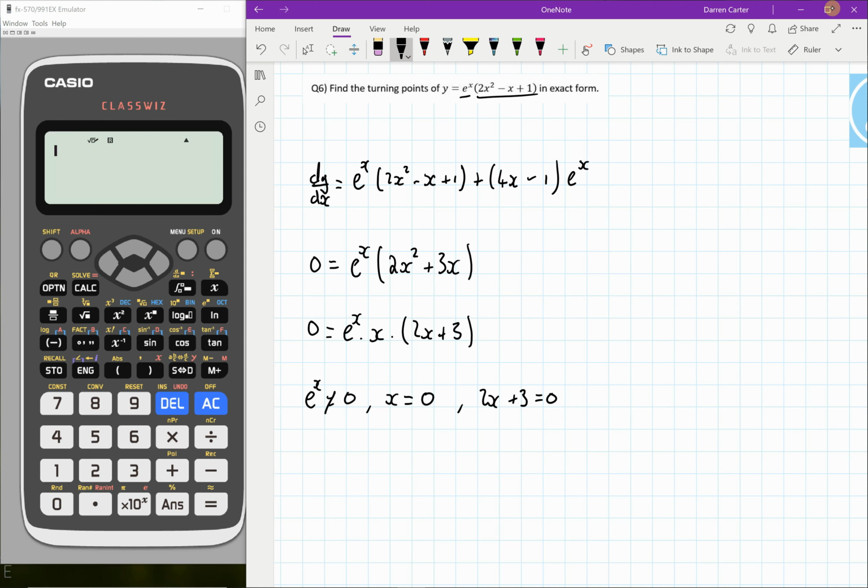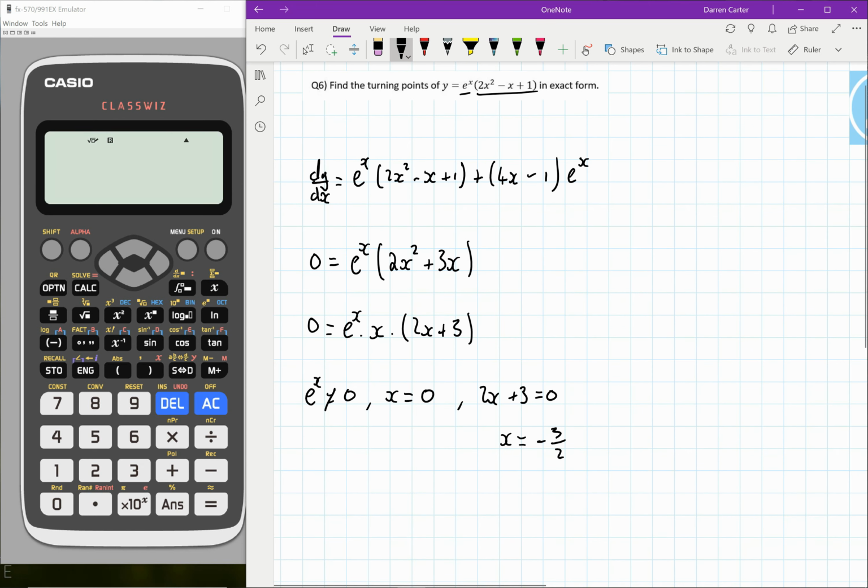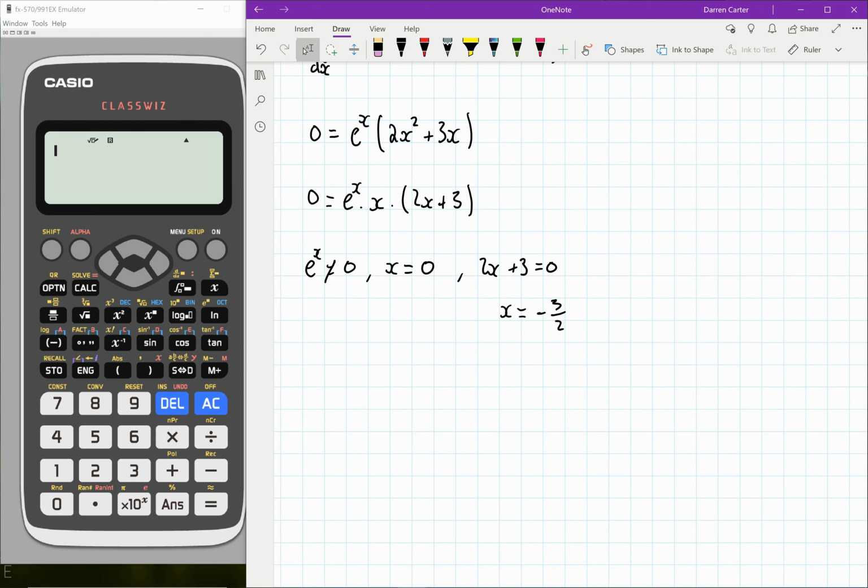My second one's already solved, x equals 0, and this last one leads me to x equals minus 3 over 2. So I now have my x coordinates of my turning points. I can substitute those into my y equals to find my y values.